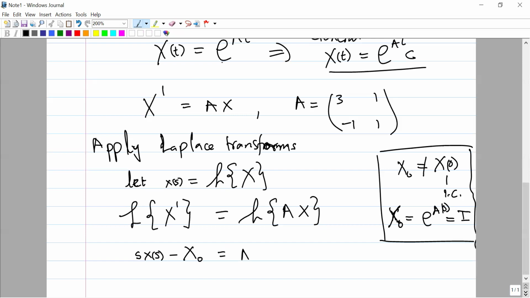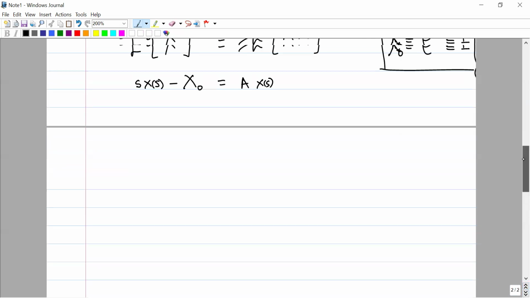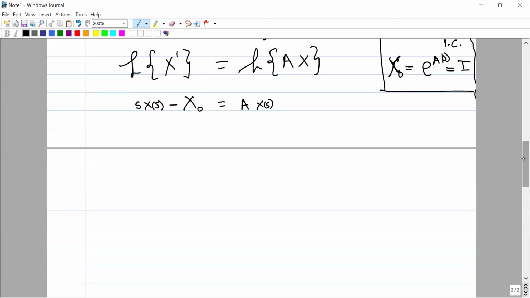And then this is just A times the Laplace transform of X. So then I can bring the x of s to the left-hand side.